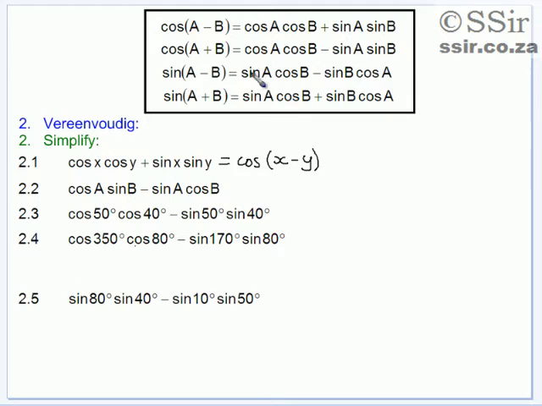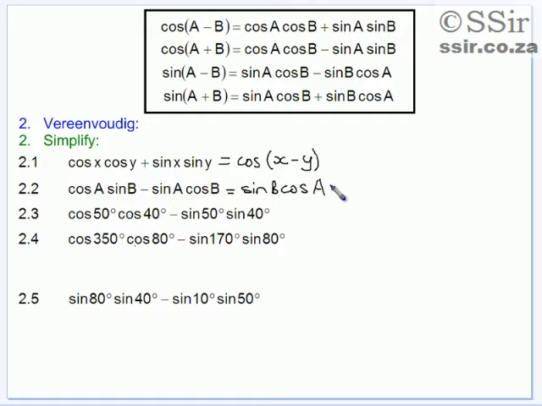2.2 doesn't look at all like any of the formulas above, but if you look carefully you'll see that cos a times sin b seem to have just been swapped around. Remember, there's no difference between cos a times sin b and sin b times cos a.